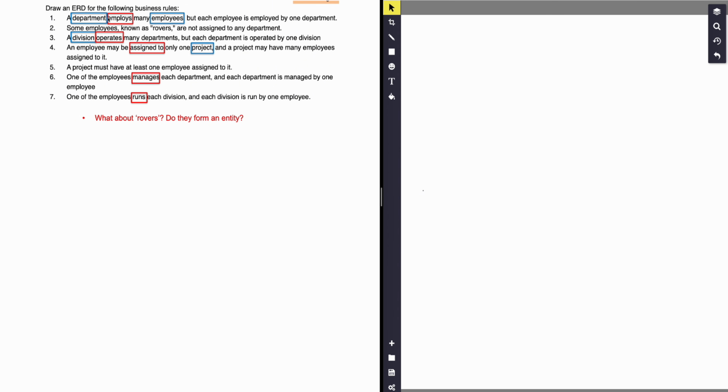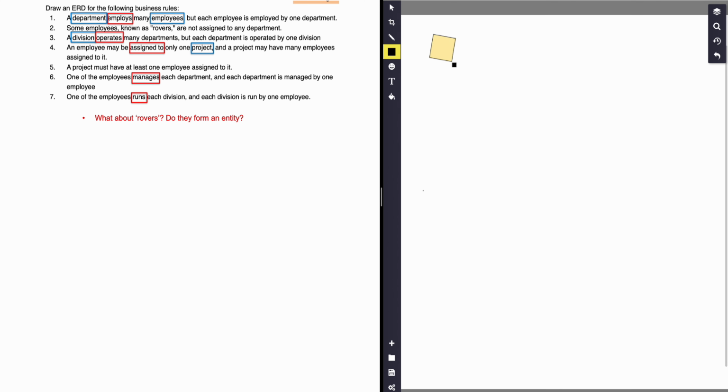Here, as you can see, they've got the particular entities circled in blue, and the verbs in red, which are the relationships. So for now, it's already been done for you, but have a read of this and try and make sense of it, draw up the entities, and think about how you would connect these entities together just by drawing lines, and then I'll go through connectivity and participation.